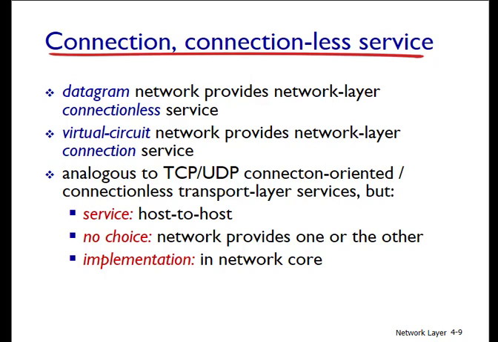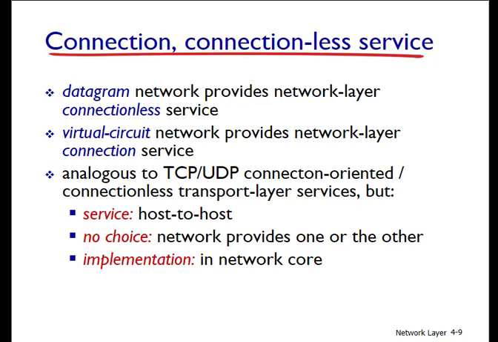Although the network layer connection and connectionless services have some parallels with transport layer connection-oriented and connectionless services, there are crucial differences. In the network layer, these services are host-to-host services provided by the network layer for the transport layer. In the transport layer, these services are process-to-process services provided by the transport layer for the application layer.